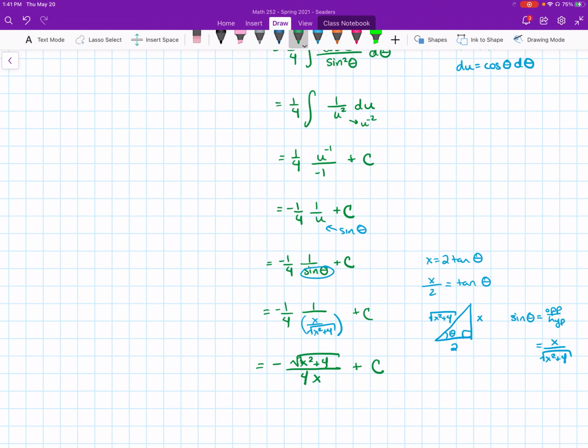So I'm just going to leave the -1/4 out front. I get -1/4 square root of x squared plus 4 over x plus c is the integral of 1 over x squared square root of x squared plus 4 dx. And that's another example for trig substitution.